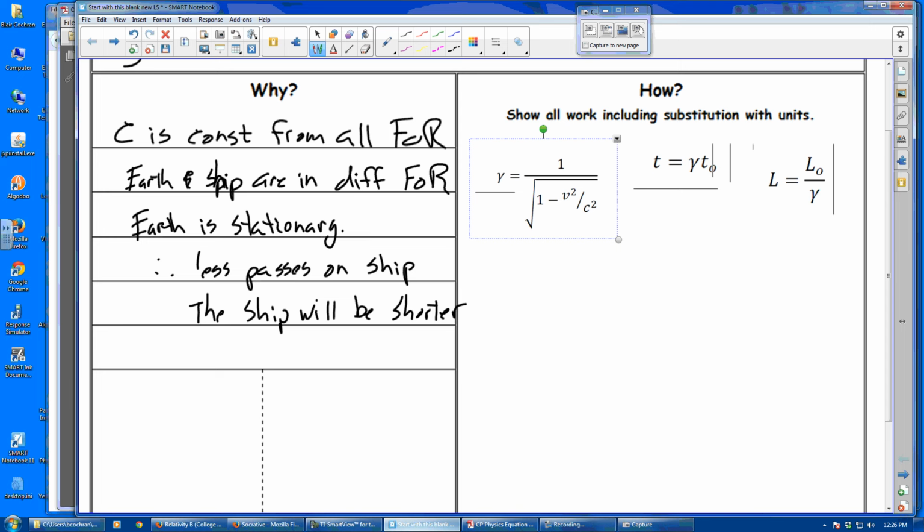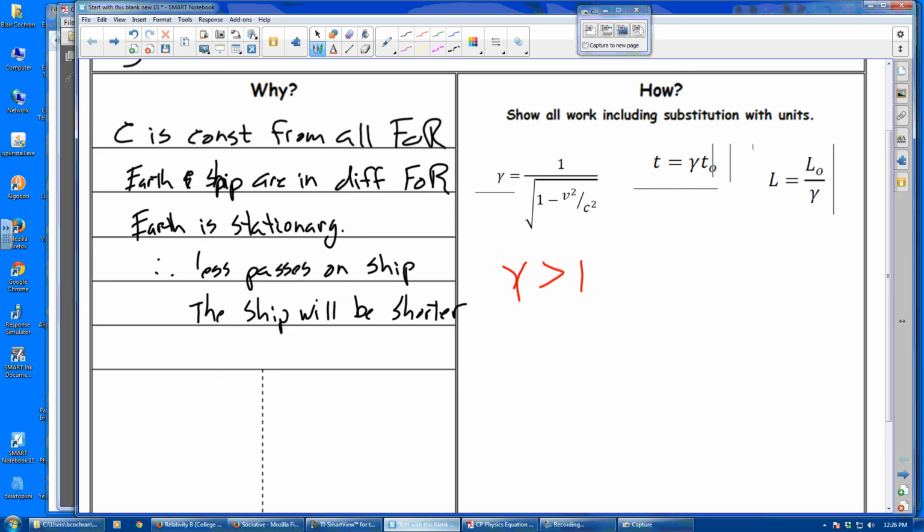All right, so what's the Lorentz transformation's relationship with the number 1? Is it always equal to 1, always less than 1, or always greater than 1? Always greater than 1. Because down below, it's always less than 1, which makes the Lorentz transformation always greater than 1.